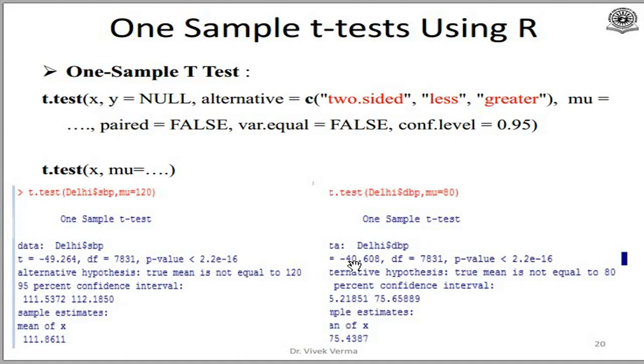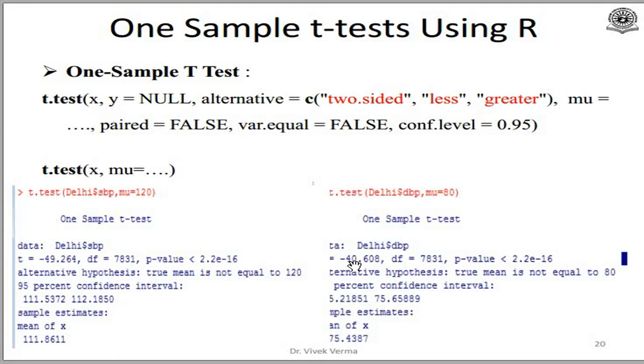One more important assumption is homoscedasticity: if there is group level variability, whether the variances can be considered equal or not. The confidence level that we have considered is 95%. The simplest command to execute the one sample t-test is t.test. Enter your column in which the continuous characteristic has been stored and your population defined mean. That is very much required.